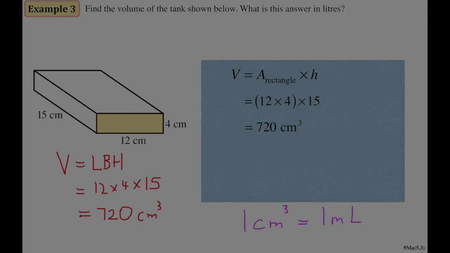So if I have 720 centimetres cubed, that means it would be 720 millilitres. Now I know a millilitre is 1,000th of a litre, so I divide that by 1,000 and I get 0.720 or 0.72 litres for the capacity of that particular prism. And that's how much the shape would hold of fluid.